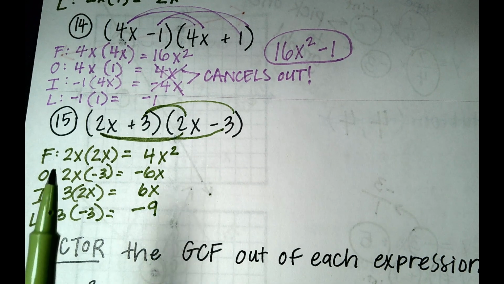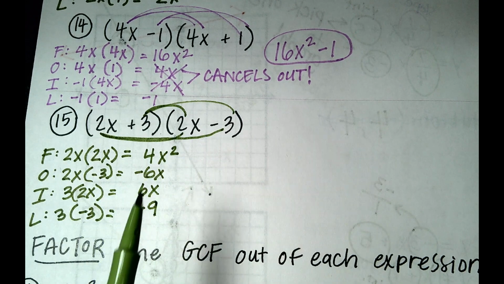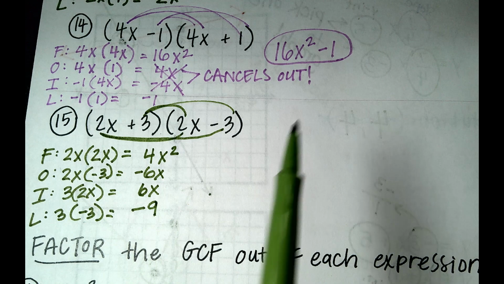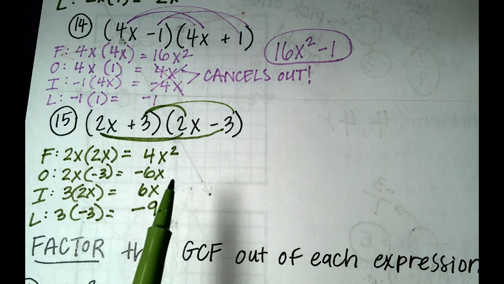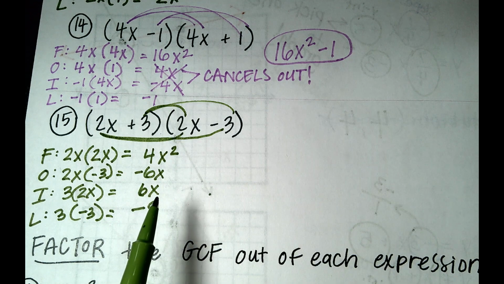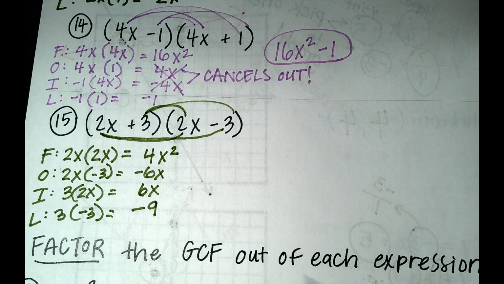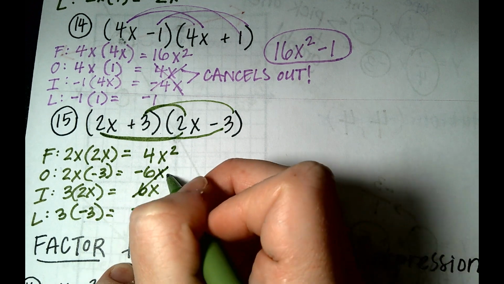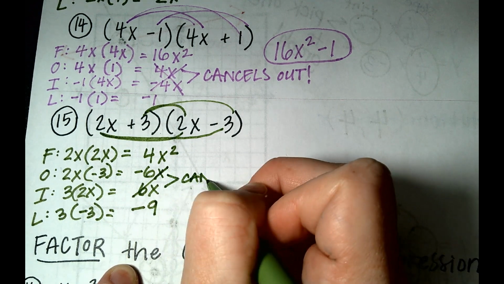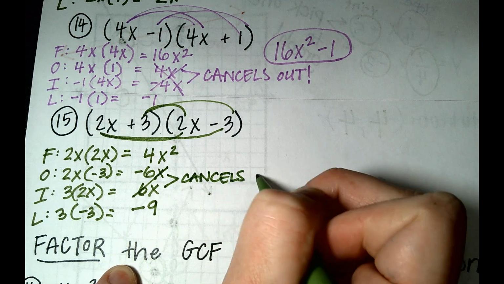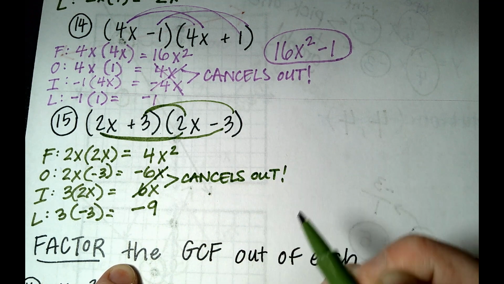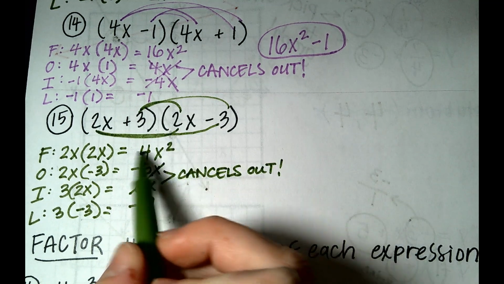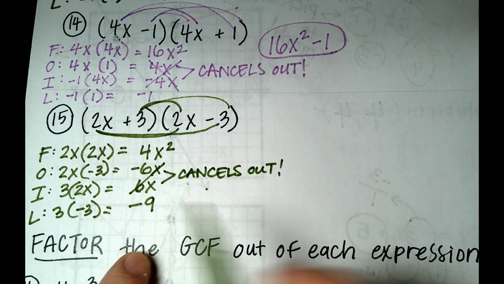Perfect. This is another one where our like terms cancel out because negative 6x plus 6x equals 0. They cancel again. So our answer will just be 4x squared minus 9.